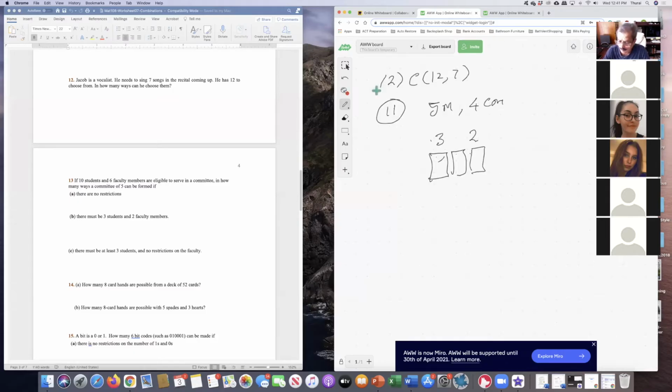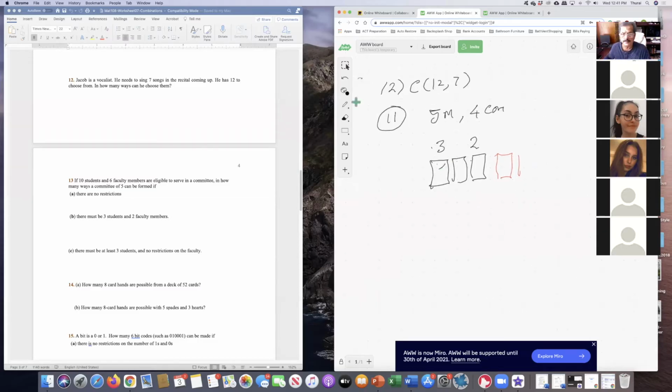If I choose these 2 boxes for the computer books, then you can ask the question, how many ways are there to place them? Going to the first one, there are 5 books available for the first. 5, 4, 3. No repetition allowed, because once you take a book, you don't have another copy of that book.